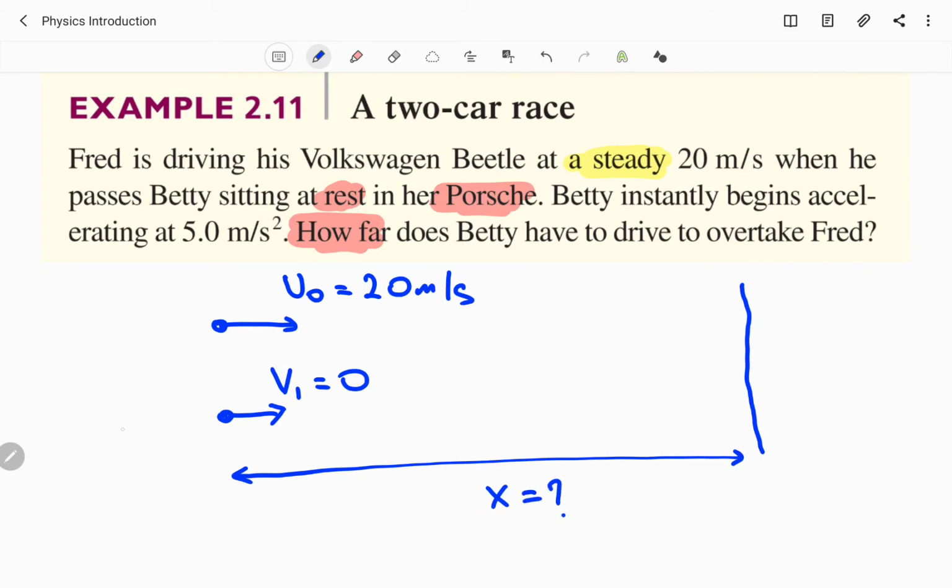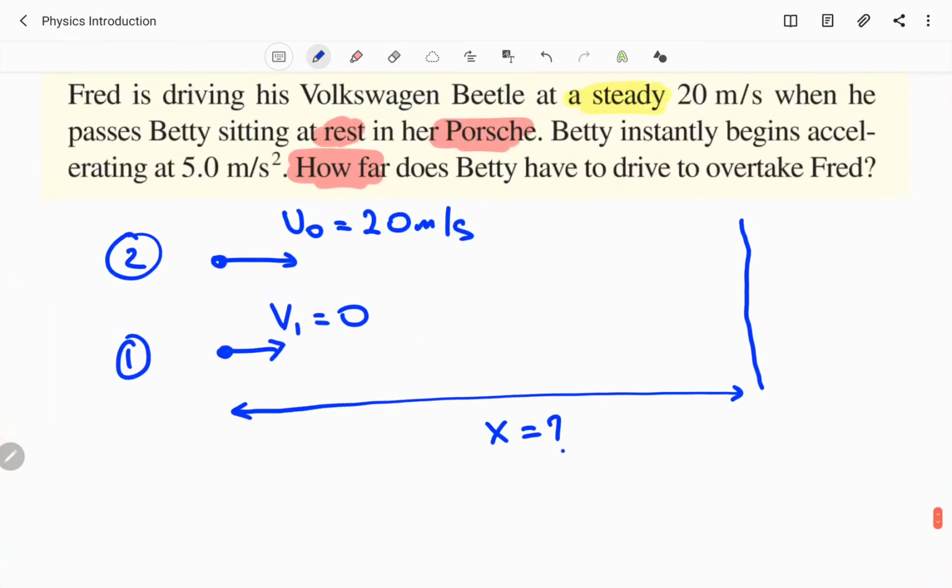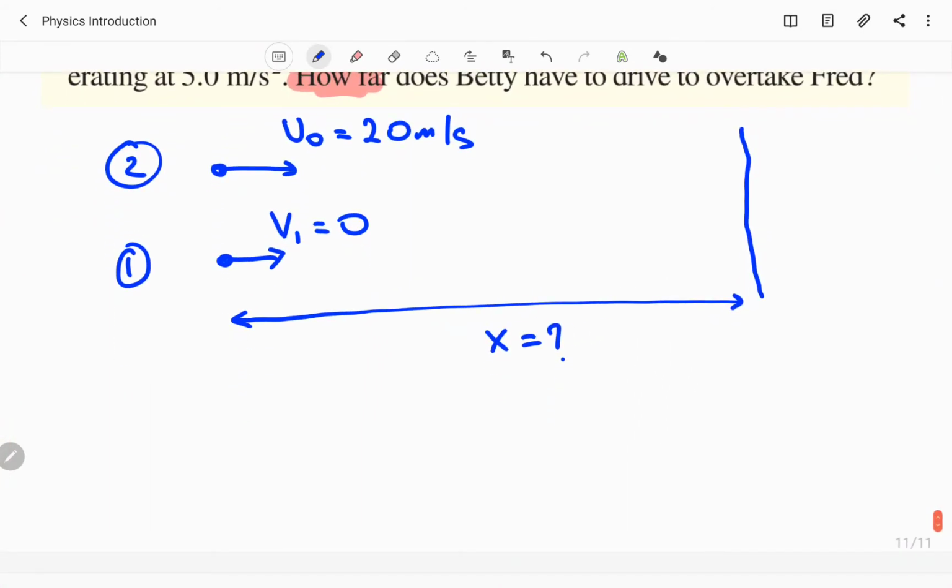So we have a first car and a second car. Yes, let's number them like this. And we know that the first car moves with constant acceleration, and this acceleration is given, 5 meters per second squared. So let's assume after x distance she will catch Fred, overtake Fred.